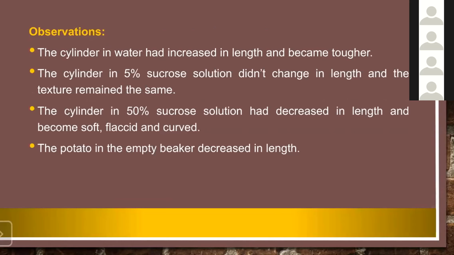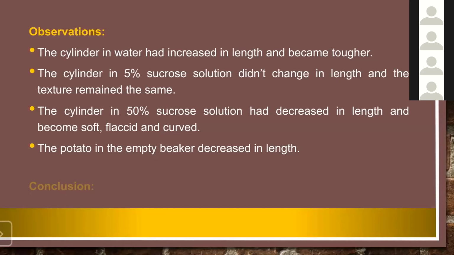The potato cylinder in 5% sucrose solution didn't change in length and the texture remained the same. The potato cylinder in 50% sucrose solution had decreased in length and become soft, flaccid, and curved. The potato in the empty beaker decreased in length. Okay.